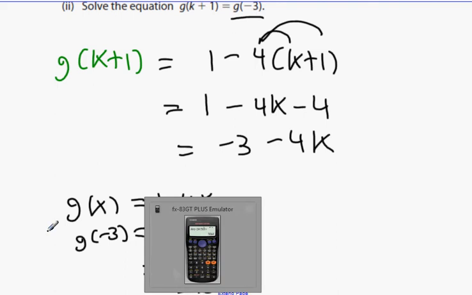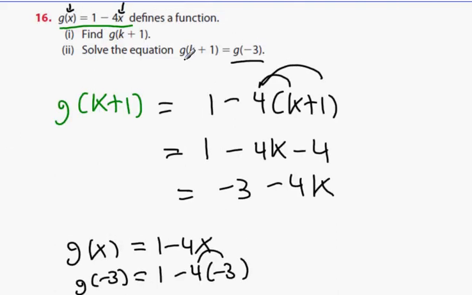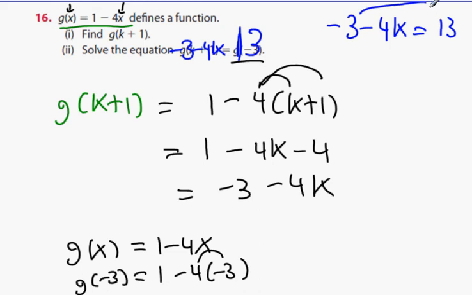Yeah? Now, what happens to this equation? This becomes 13, and what does this become here? Minus 3 minus 4k. So the formula we have is minus 3 minus 4k equals 13. Where does the 3 go? Over the other side.